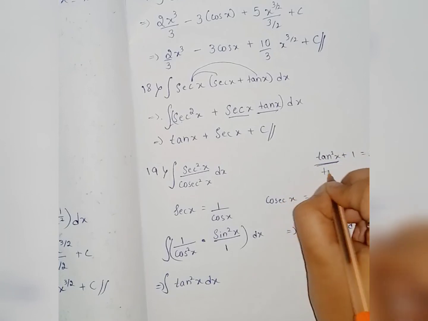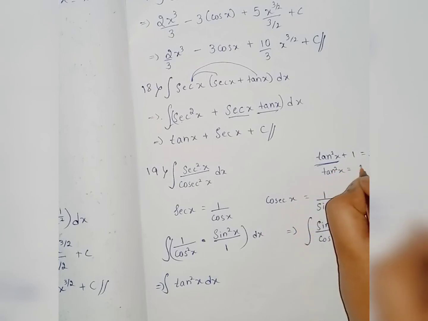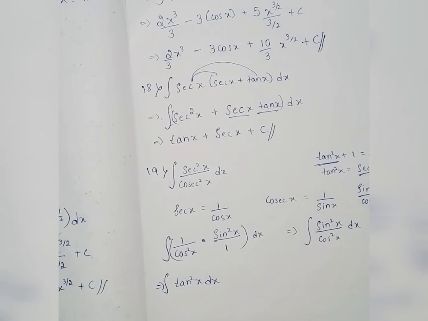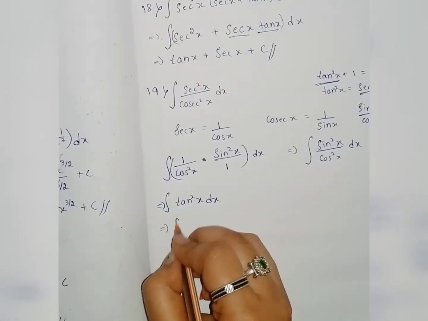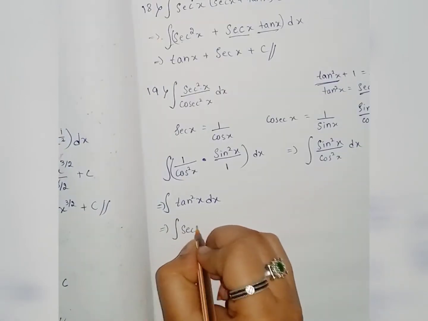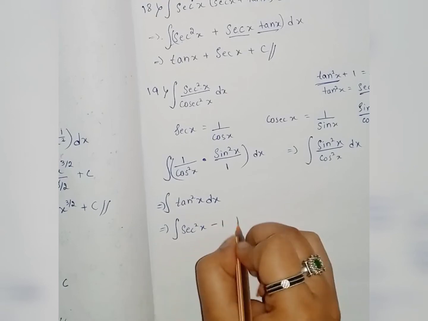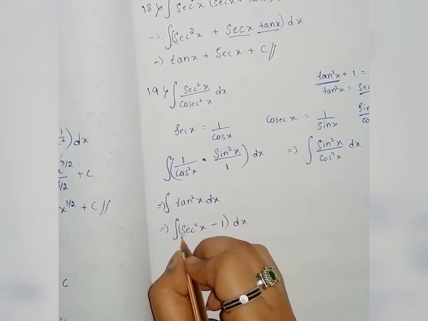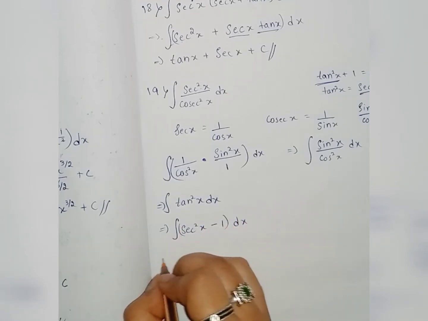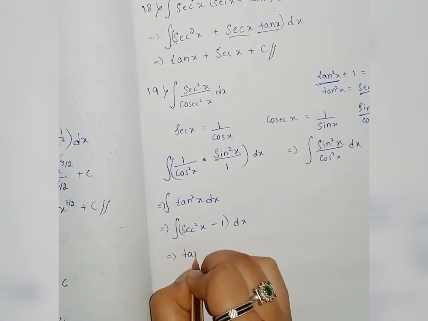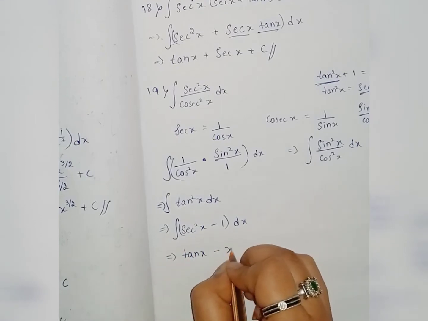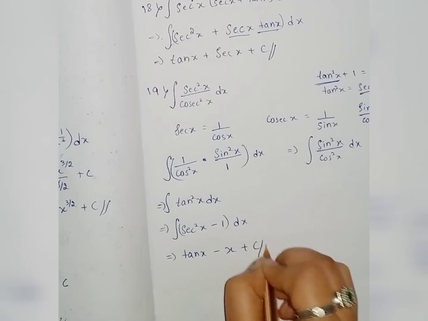So tan square x is equal to secant square x minus 1. On substituting this here, we get integration of secant square x minus 1 dx. Integration of secant square x is tan x minus integration of 1 is x plus c.